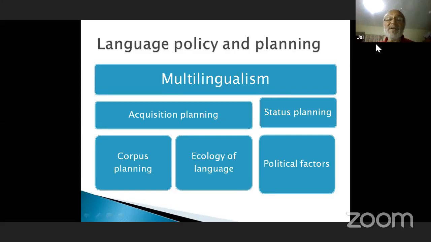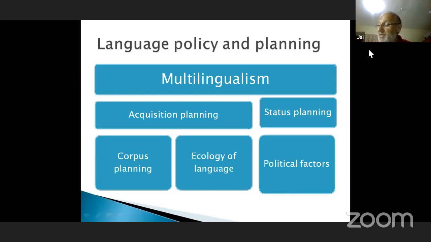So in such a multilingual garden where we have 129 beautiful flowers, how to plan for them is very important, because we have acquisition planning, which refers to language planning at the national, state, and local level: how the nation, Lava Deo Sir's commission, plans the language, how the different states plan the languages spoken in their regions, and how the local governments maintain and plan the languages so that they get the status.